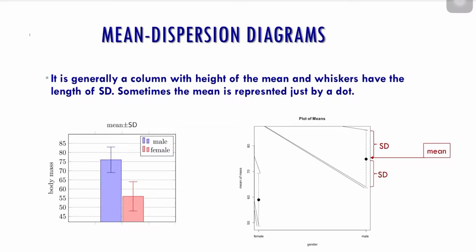Or we have a mean dispersion diagram. As you see here, we can show the means with the standard deviation. If you see the means here, we can have a positive standard deviation and a negative standard deviation, we can show both of these.